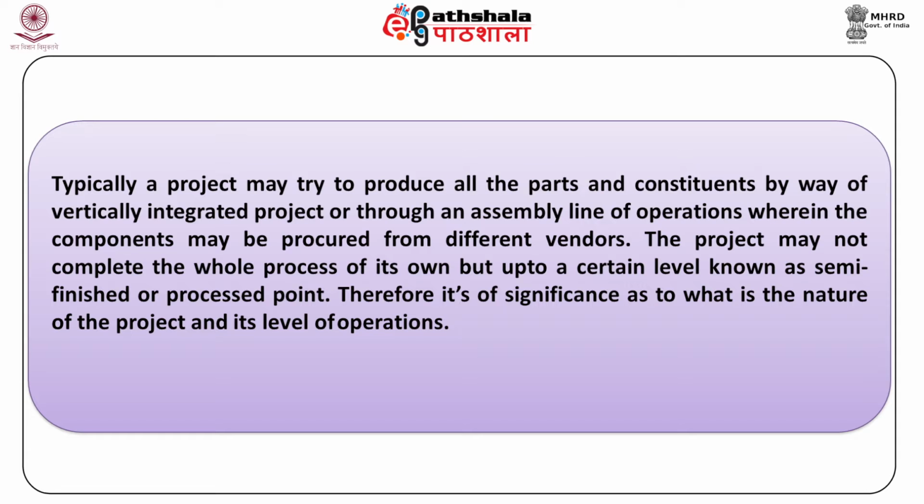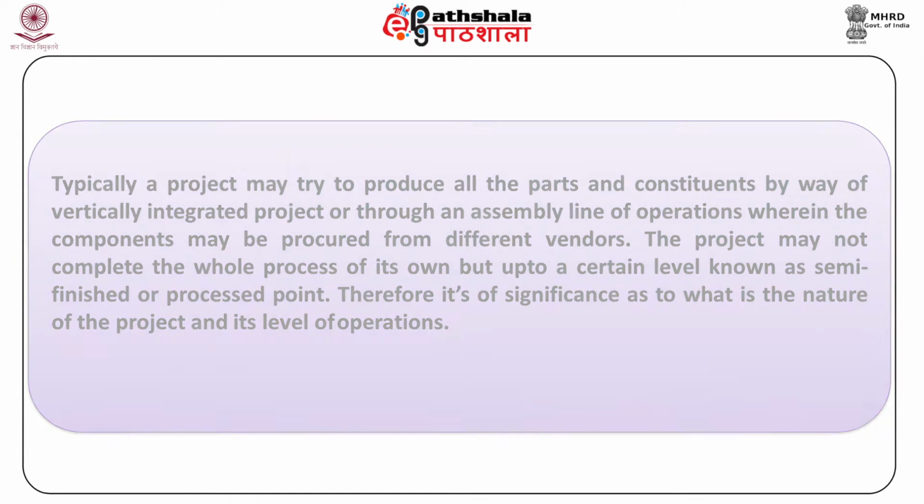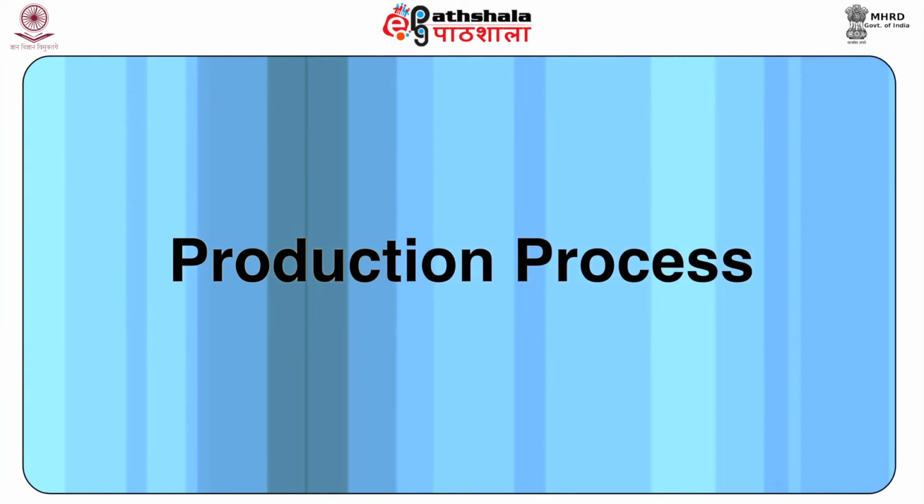The project may not complete the whole process on its own, but only up to a certain level known as the semi-finished or process point. Therefore, it is of significance what the nature of the project and its level of operations are.